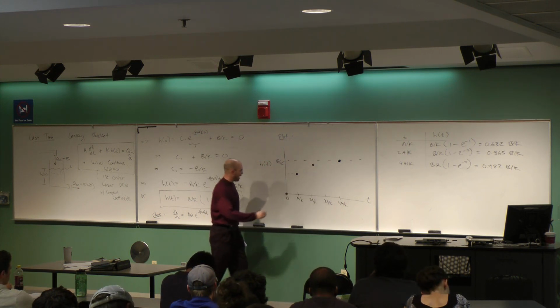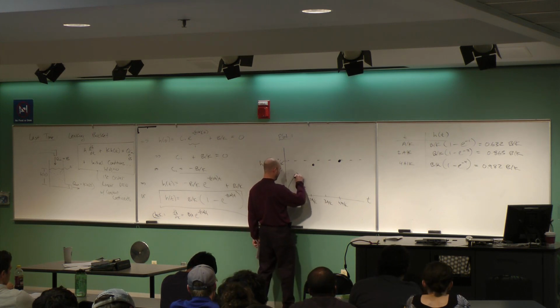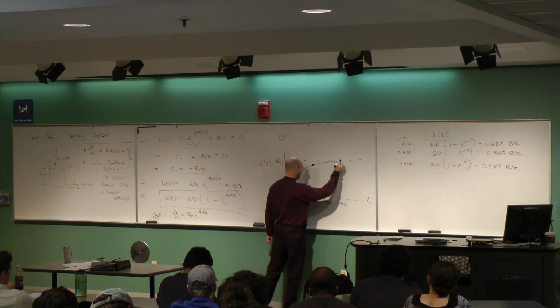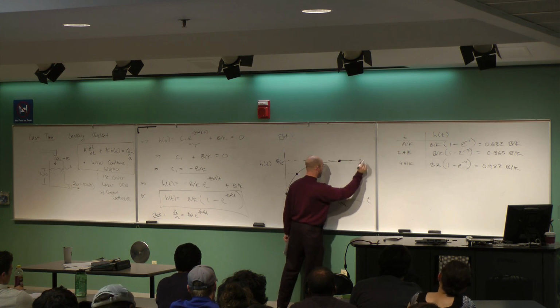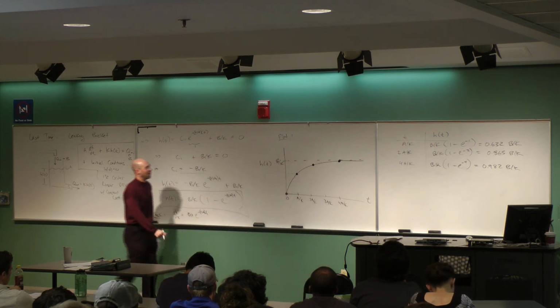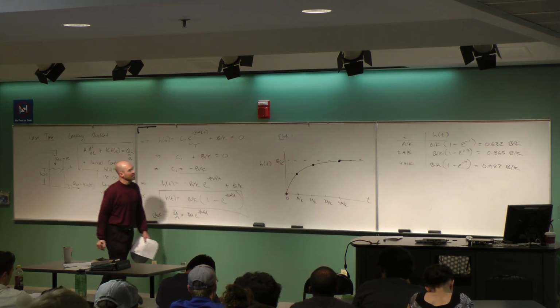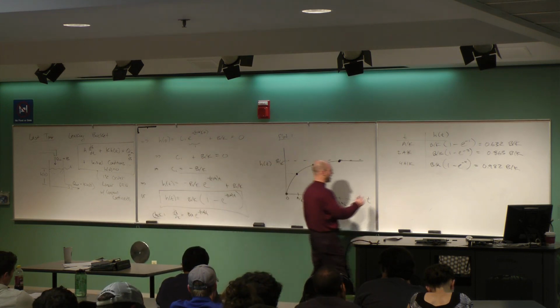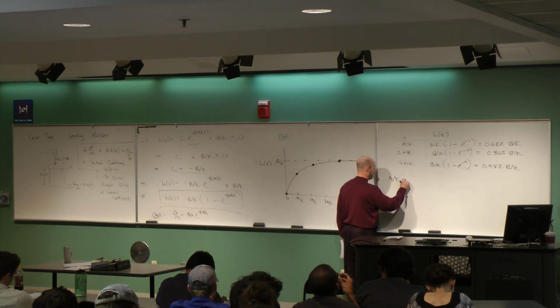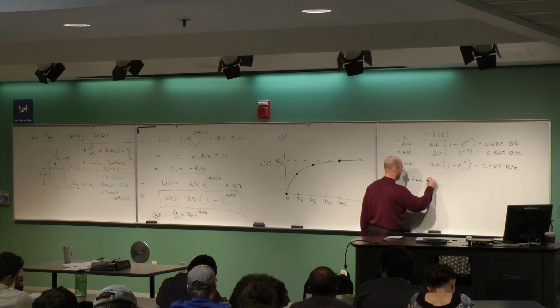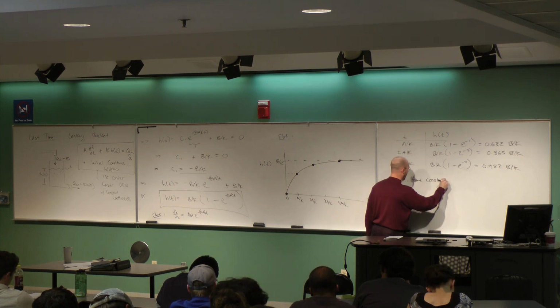You can see what's happening. This thing is filling up, and I'm at the asymptote by about 4 time constants. This is again why a over k is what we call the time constant of the problem.